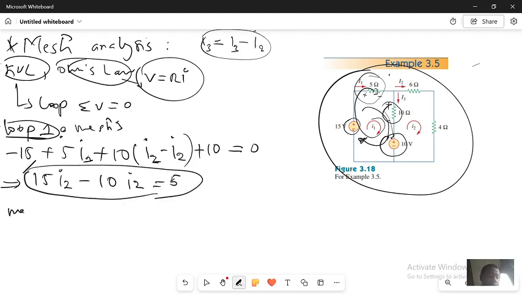Now in mesh 2, I have in this mesh the current I2. This current I2 is going to enter in minus 10, because it is entering the first sign of this voltage, plus the voltage across this 10, which is going to be 10 multiplied by the current across this one. And the current across this one, if we use KCL here, since I am in mesh 2, I will have I2.